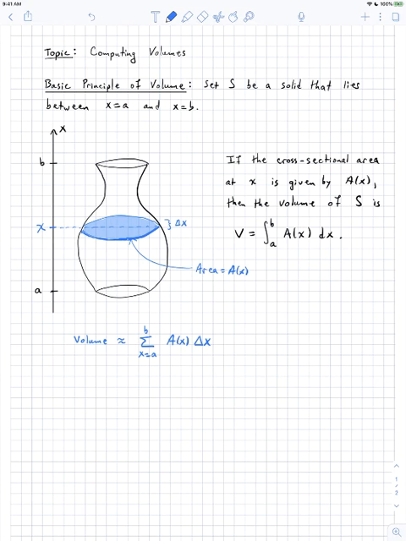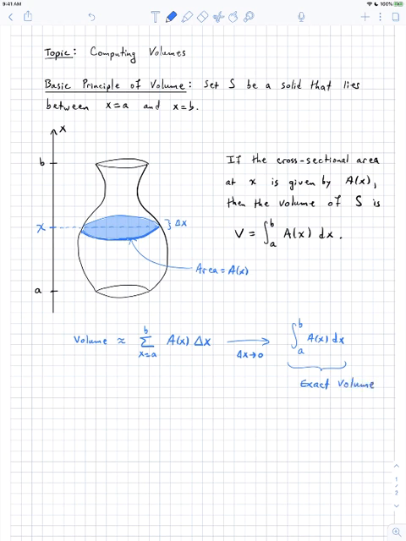This will give you the approximate volume, and then you compute the limit as delta x goes to 0, and the result is going to be this definite integral from a to b of A(x) dx. This sum here is a Riemann sum, and as delta x goes to 0, your Riemann sum goes to an integral. And that integral will be the exact volume.